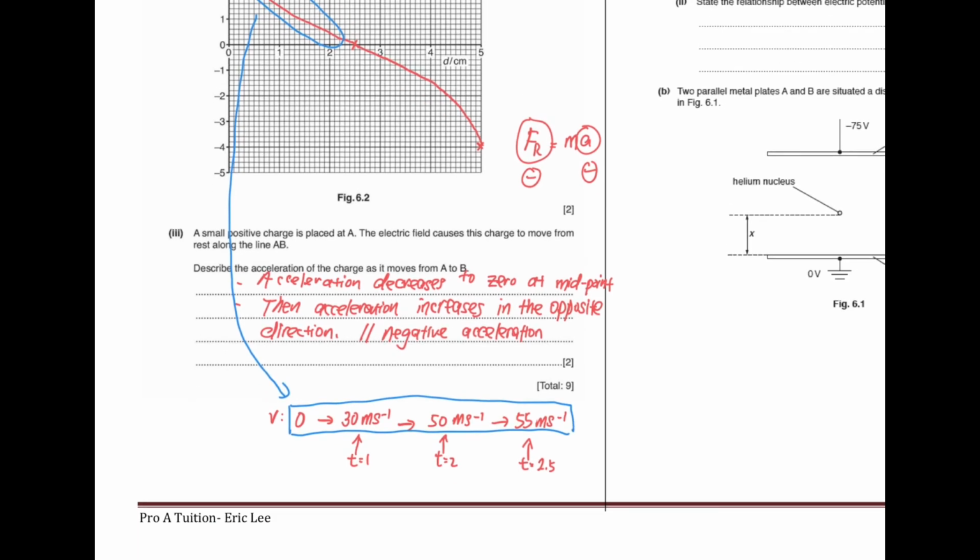After that, you should expect it to decelerate as the resultant force is negative, so it will decelerate in the second part. Let's say when they reach t equal to 3, it decreases by 5 to become 50, and then decreases more to 30 at t equal to 4, and decreases more to 0 at t equal to 5.